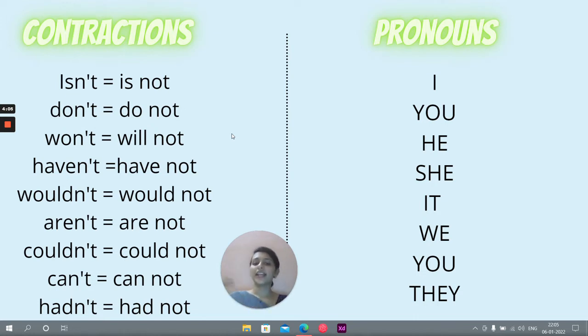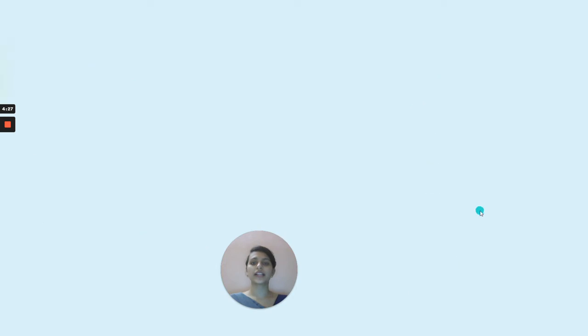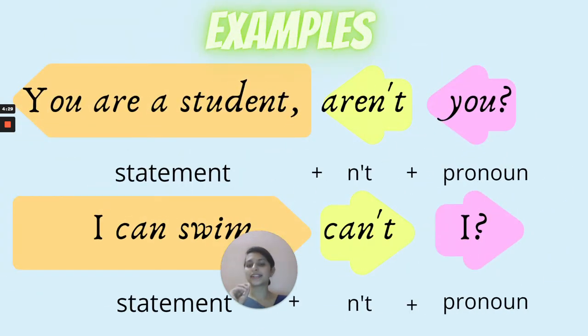They like puppies, then it will become don't they. Whatever pronoun you start with, you will end with the same pronoun. So what are these pronouns? I, you, he, she, it, we, you, and they. Now next we will look at a few examples.